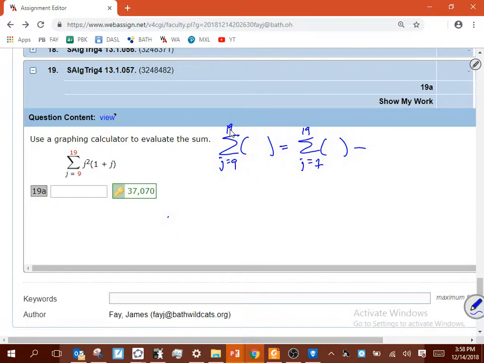So let's subtract out the sum of J equals 1 to 8 of whatever. If I subtract those two things, that's going to equate to this. So I've got the setup.